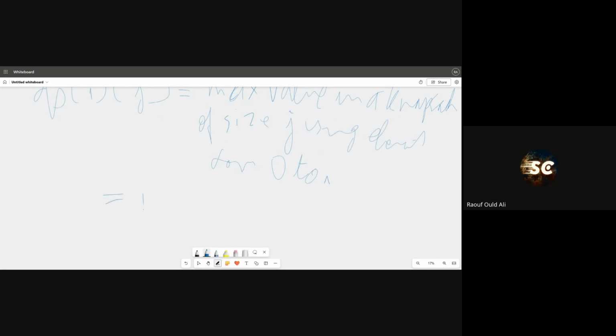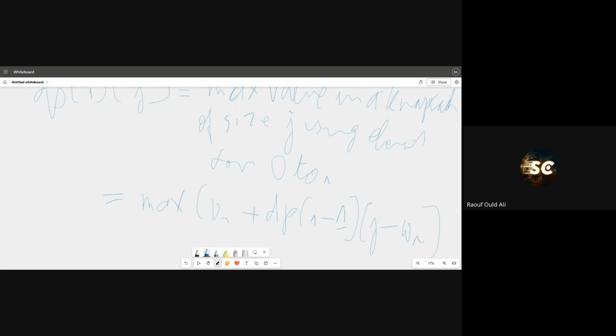It is equal to the maximum of either taking the element A_i, so maximum value i. So if we take it, the knapsack of elements from 0 to i-1 has size j minus wi, right?